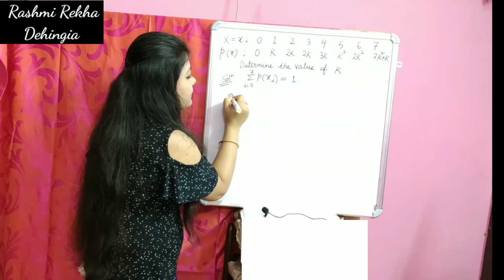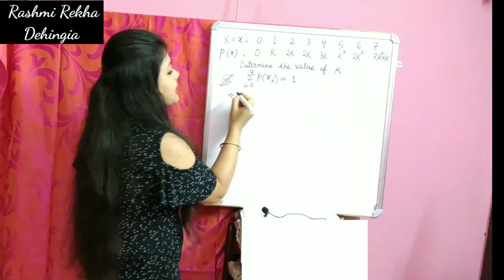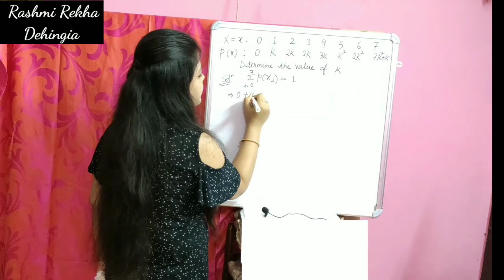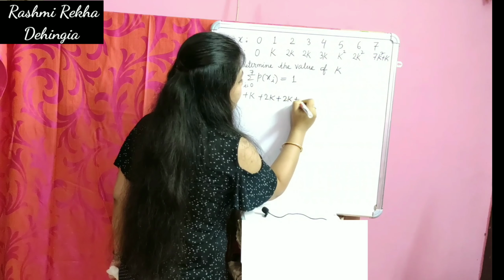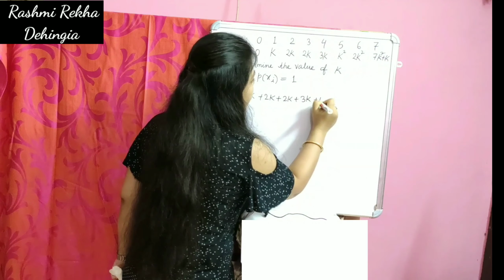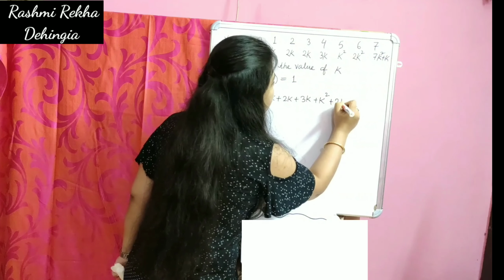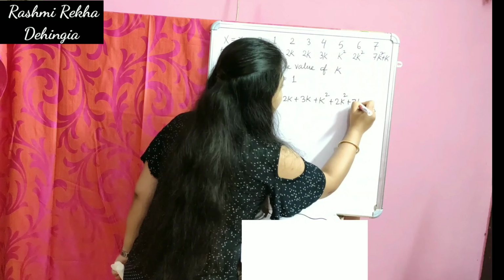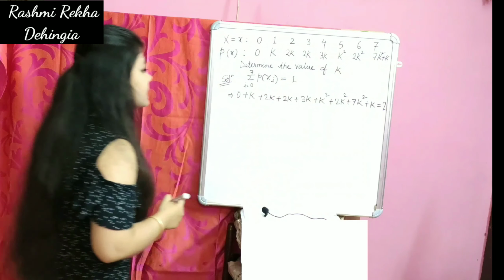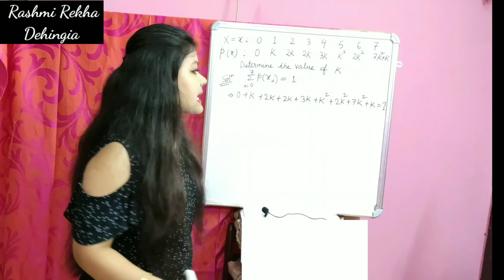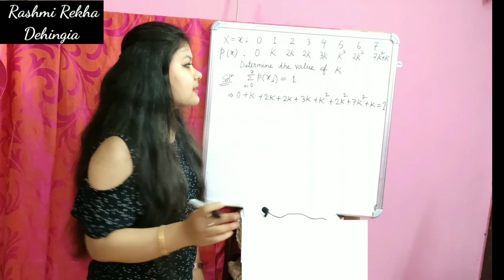Now write down one by one all the probability values: 0 plus k plus 2k plus 2k plus 3k plus k square plus 2k square plus 7k square plus k equals 1. These are the values given in the question.